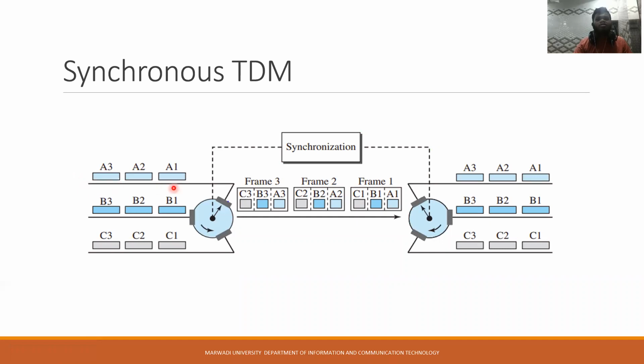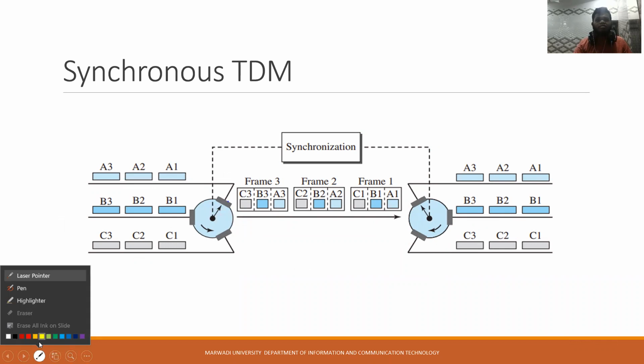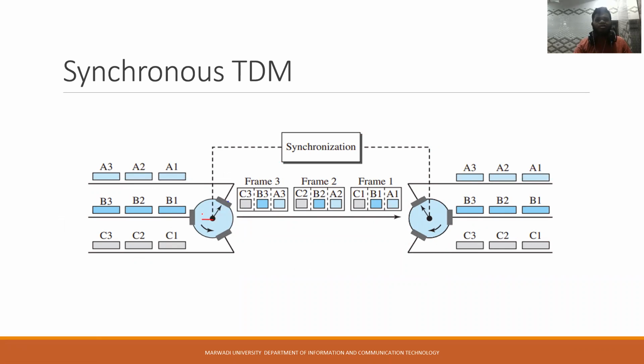So this is the connection A, B, and C. At the same time, at the output, we'll have A, B, and C. Suppose the switch right now is here and this switch is here. It would transmit the data from A, and this would receive A. Whenever this switch moves here, the other switch would be here too. This time this would transmit B and this would receive B.